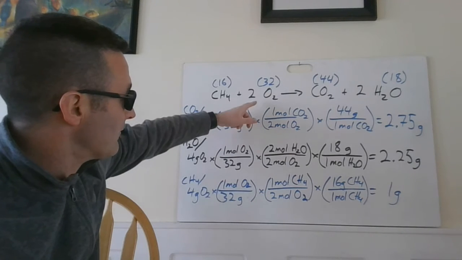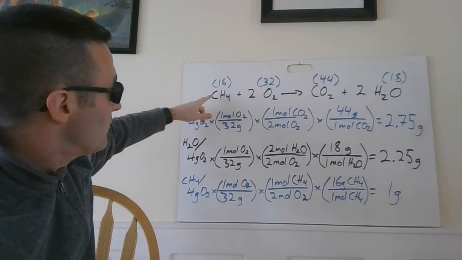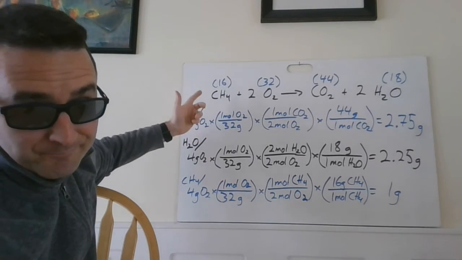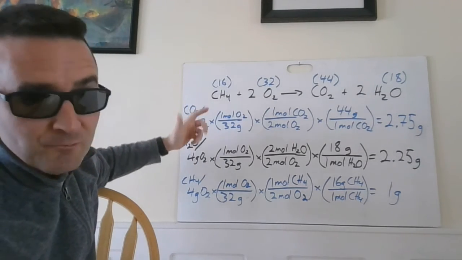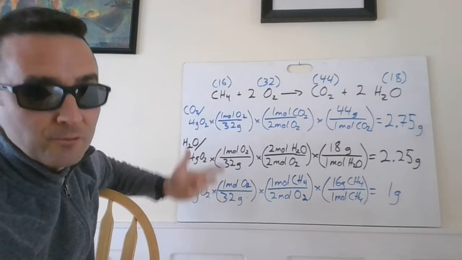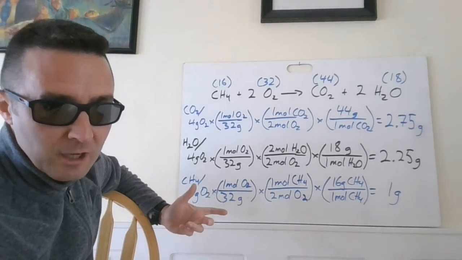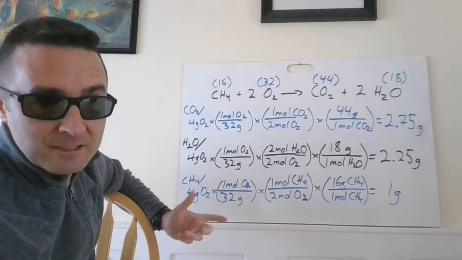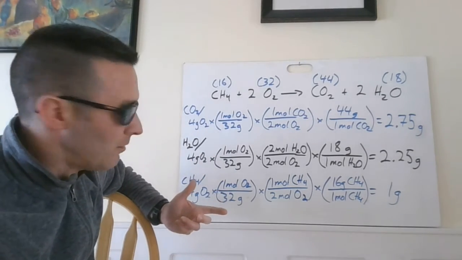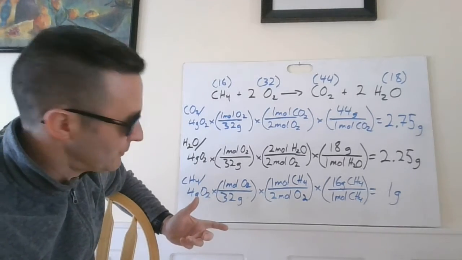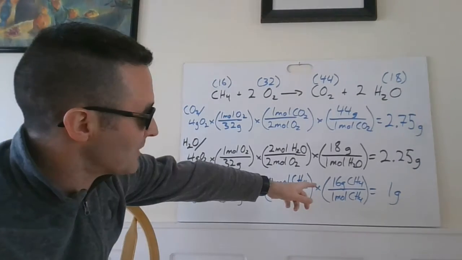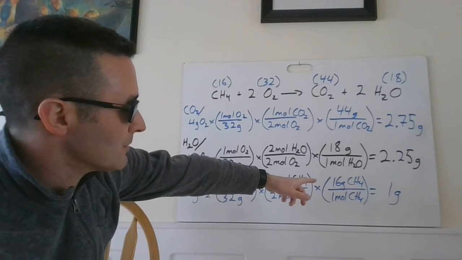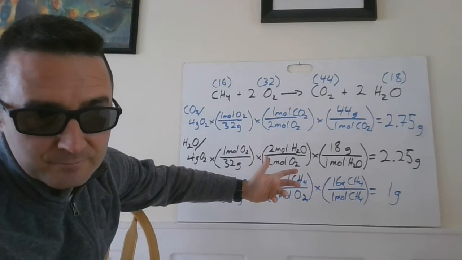And you're saying, wait a minute, I've got 2 moles of oxygen, but I only need 1 particle of methane to react with it. I need less methane relatively to start with in order to make the reaction go. I need twice as much oxygen as a reactant. So I need double the moles. This is my last step, converting it from moles of methane into grams, and it runs.